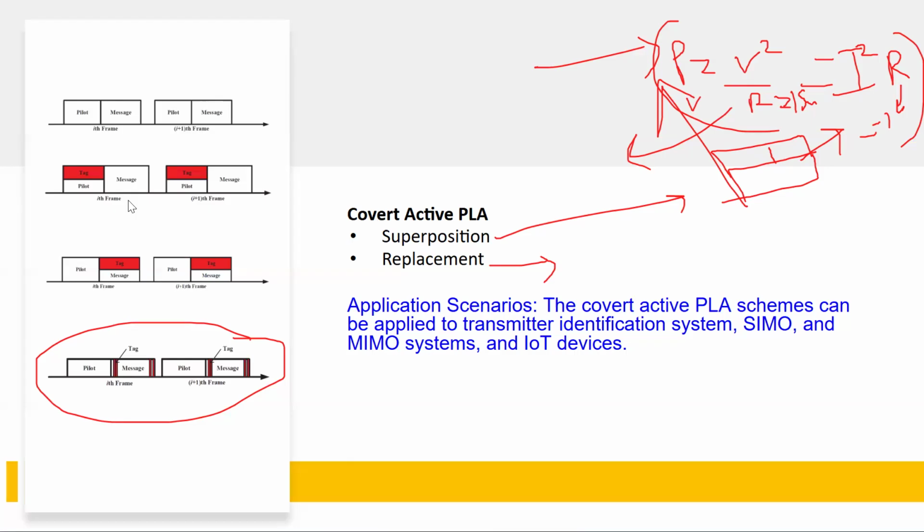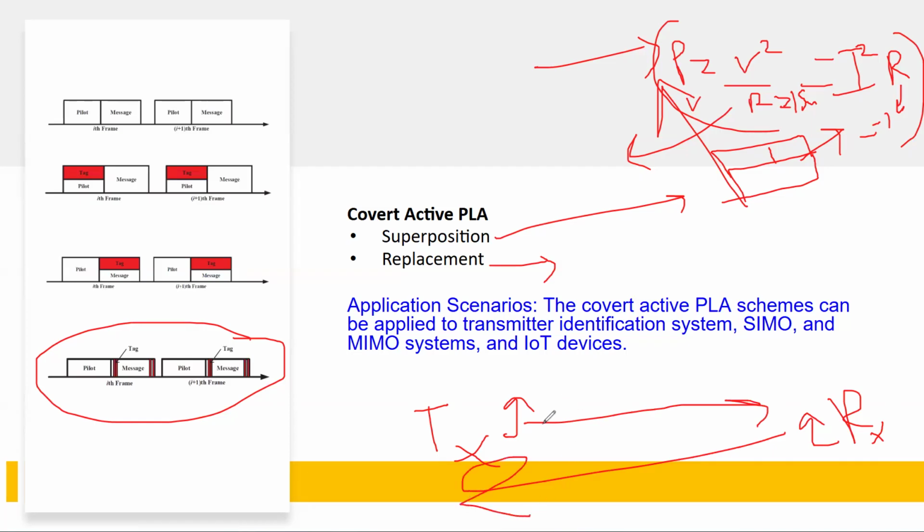SISO, you already know: when we say we have a transmitter and receiver, we mean that the transmitter has one antenna, the receiver has one antenna, and they are sending their information from these two antennas. But if you have a MIMO system, in this case you have multiple antennas, 2 or 3 or 4, and the same at the receiver side.